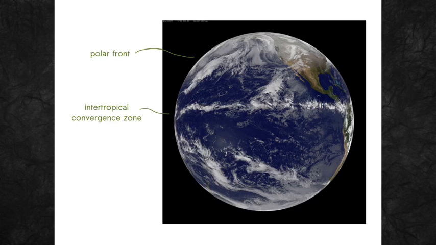And similarly, in our winter, when the sun hits more directly in the southern hemisphere, then the intertropical convergence zone is going to follow that into the southern hemisphere, where the sun is hitting more directly. So this band of relatively high precipitation is going to move north and south with the seasons. It's going to be wherever it's warmest.